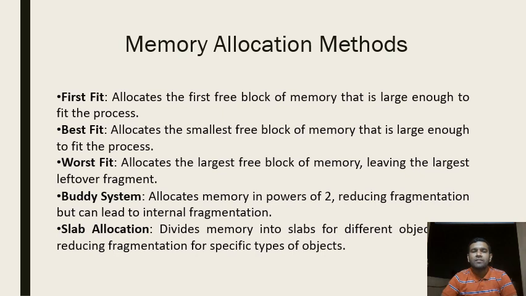The buddy system allocates memory in powers of 2, thereby reducing fragmentation, but this can lead to internal fragmentation. The last method of memory allocation is slab allocation. This divides memory into slabs for different object sizes, reducing fragmentation for specific types of objects. These were the different types of memory allocation methods.